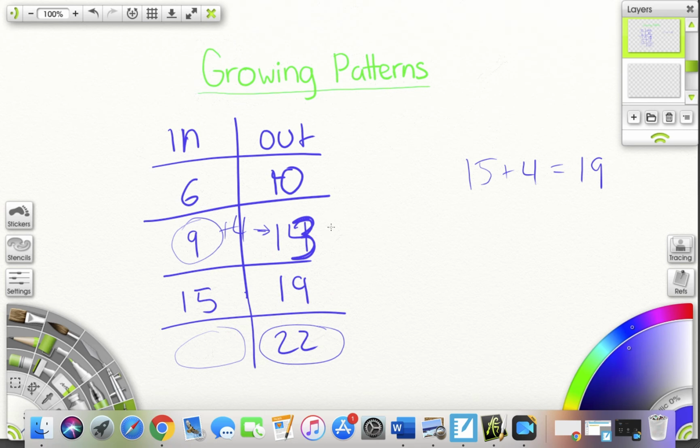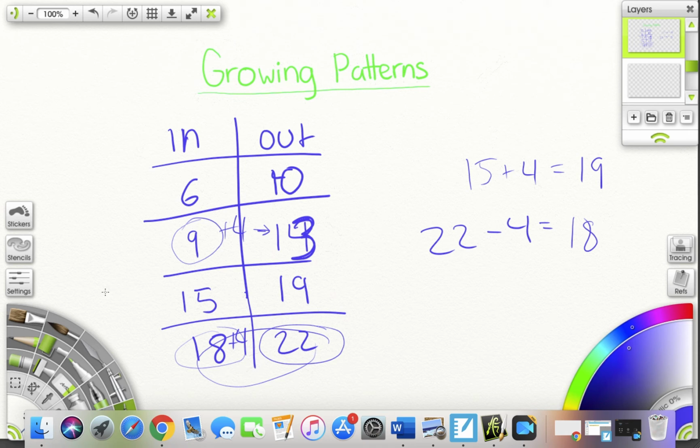So if we added 4 to our in number to get our out number, we have to do 22 minus 4, because 22 minus 4 equals 18. So we have 18 right here. 18 plus 4 equals 22. Okay, so the rule is that whatever our in number is, plus 4, has to equal the out number. In this case, I had to do the opposite to get the number.